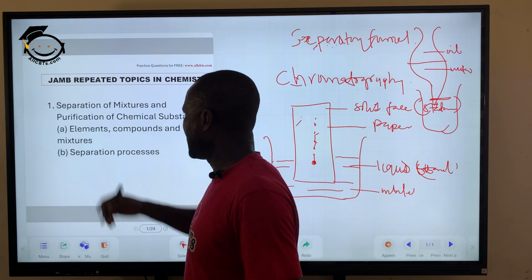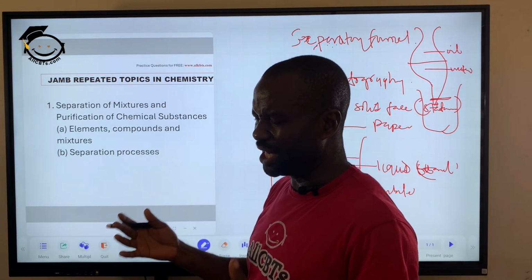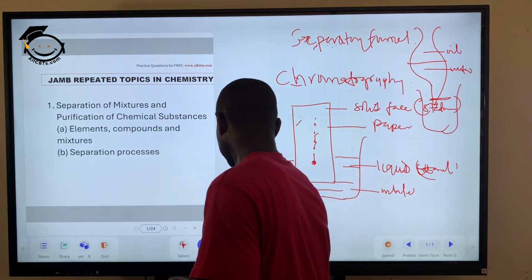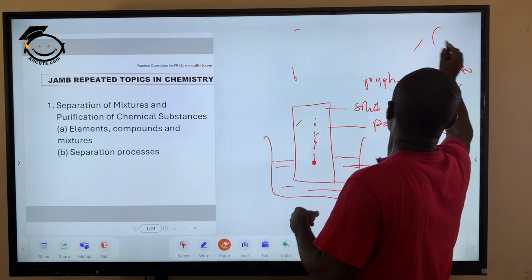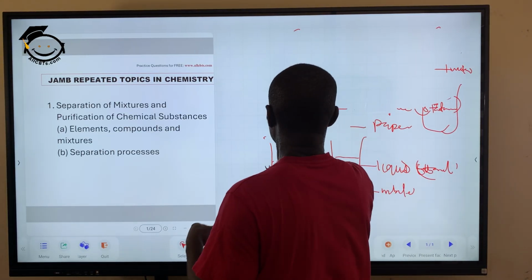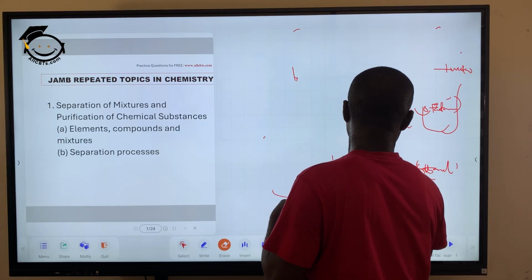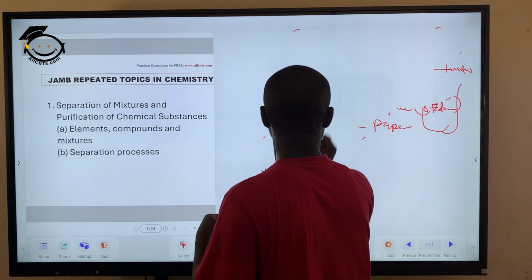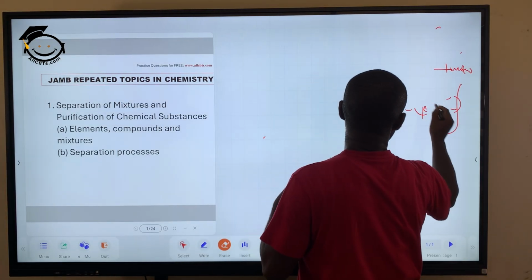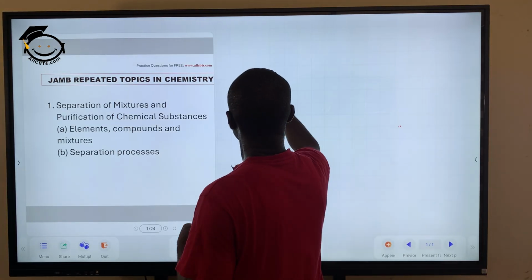Now when elements combine together, they form what we call a compound, that is a combination of two or more elements. A compound is a combination of two or more elements chemically combined together.